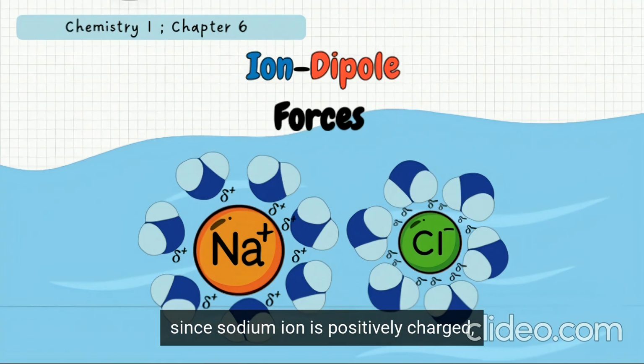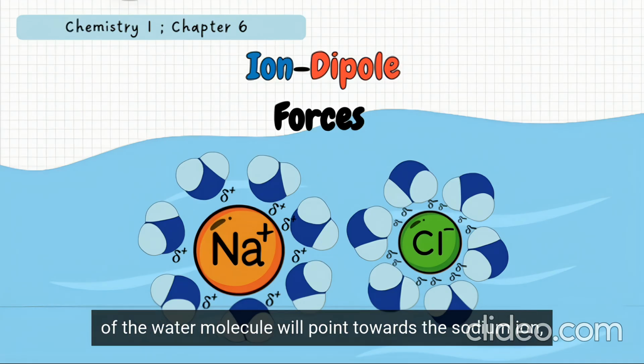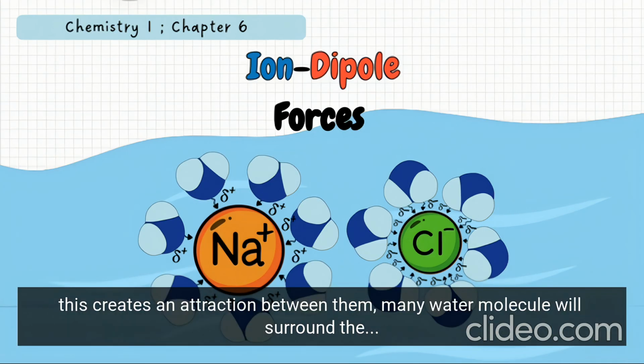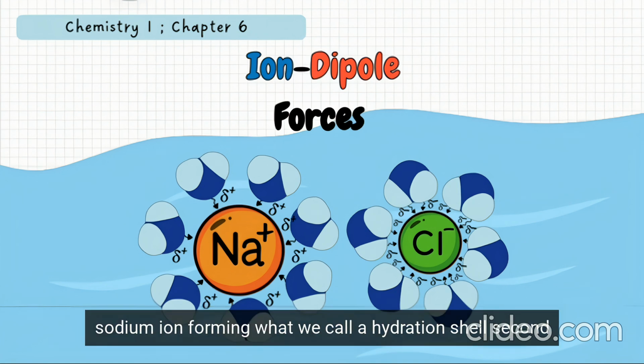Since sodium ion is positively charged, the partial negative charge of the oxygen side of the water molecule will point towards the sodium ion. This creates an attraction between them. Many water molecules will surround the sodium ion, forming what we call a hydration shell.